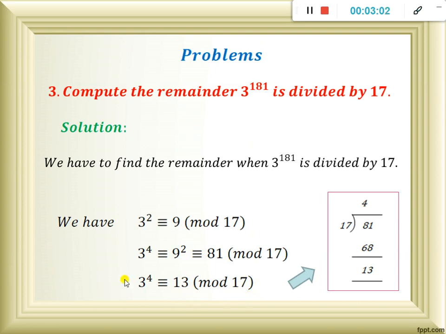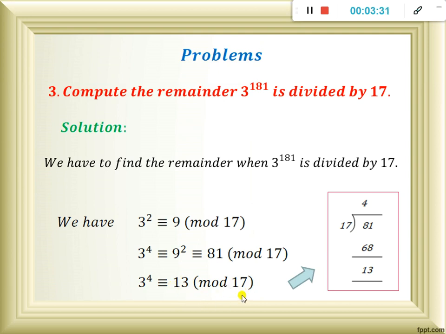If one congruence is there, I can square, add, multiply, subtract. So my intention is to bring the remainder to 1, because if it is 1 or minus 1, squaring gives the same value.